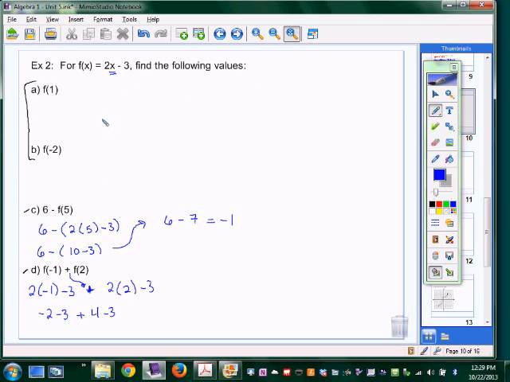And then whatever happens outside, you just sort of tack it on. So negative 1 replaced the x, and then I had to put a plus because I was doing 2 of them, and then 2 replaces the x. Got it? So negative 2 minus 3 is negative 5. 4 minus 3 is 1. So it's negative 4.